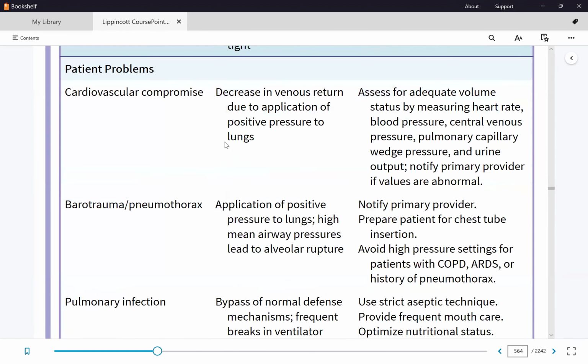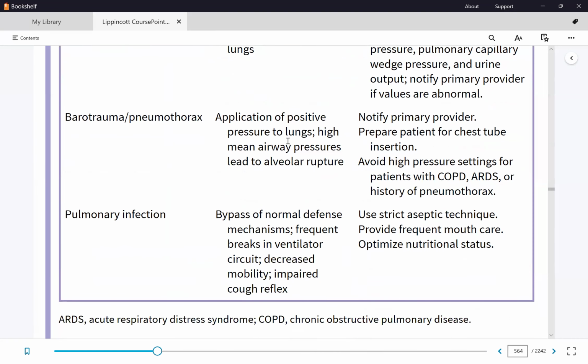Other problems, cardiovascular compromise. Again, remember the PEEP. Okay, so it can cause a drop in your cardiac pressure. Barotrauma. Our lungs are not designed for positive pressure ventilation. We are negative pressure. Okay, so air is supposed to be sucked into the lungs, not pushed under pressure.